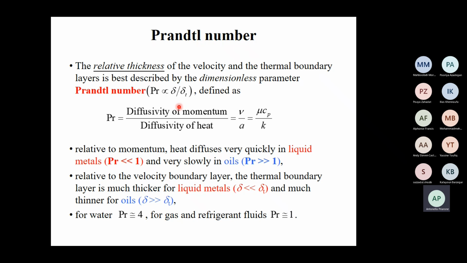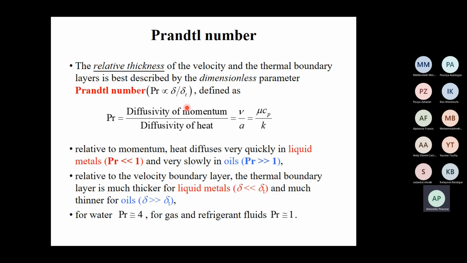If I analyze the Prandtl number using the thickness of the two boundary layers, for liquid metals, having a very low Prandtl number means that the thickness of the velocity boundary layer is lower than the thickness of the thermal boundary layer.